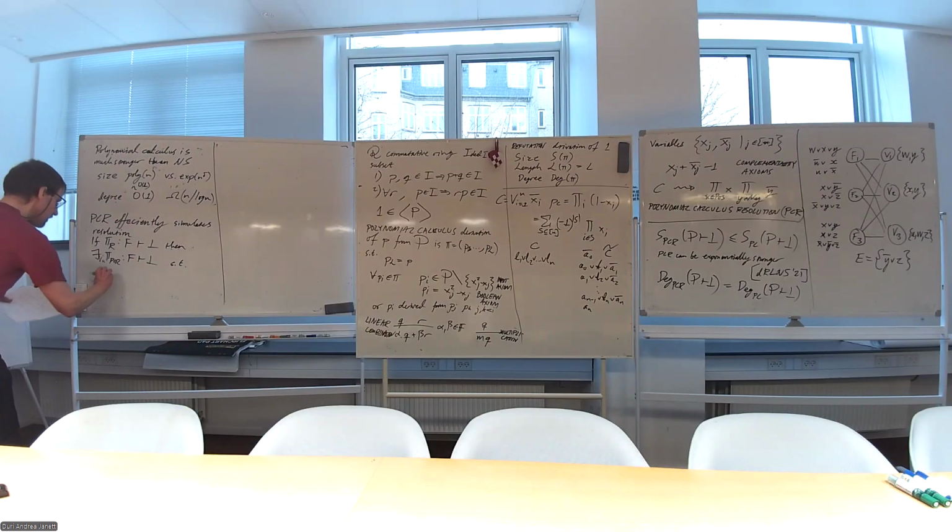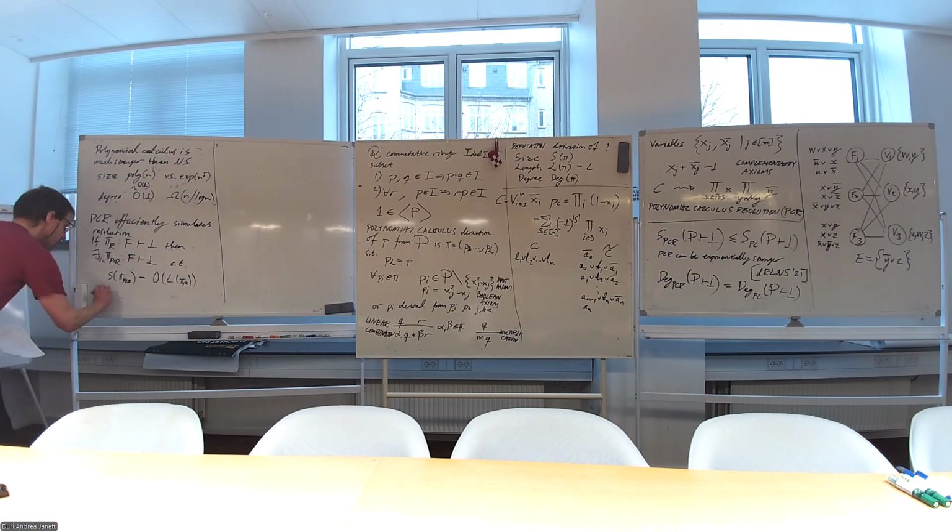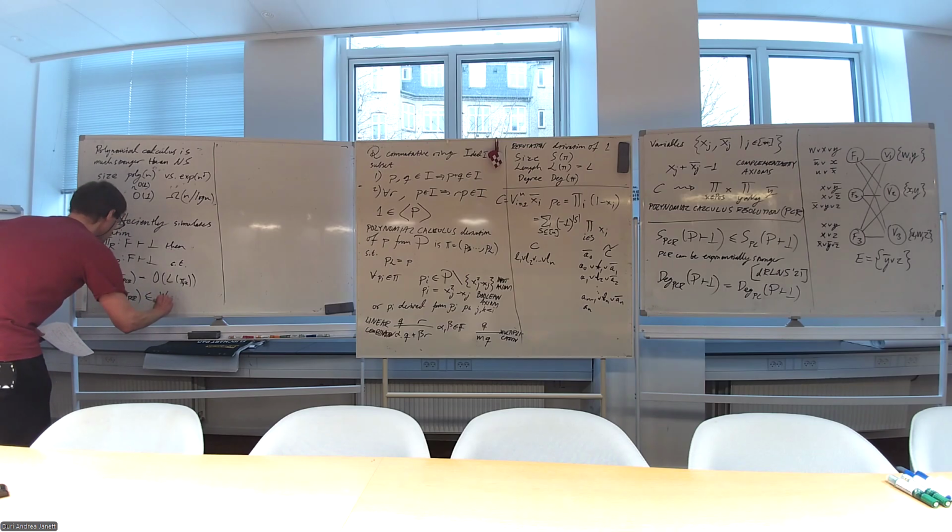Such that the size of the PCR refutation is linear in the length of the resolution refutation, and the degree of the PCR refutation is actually upper bounded by the width of the resolution refutation.